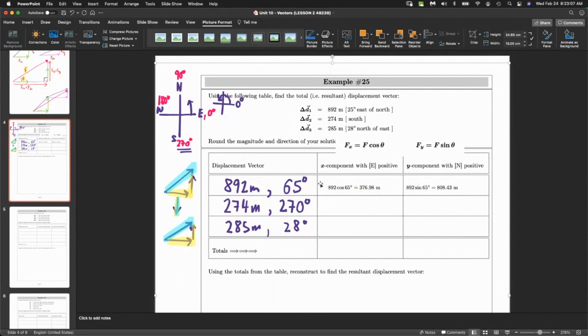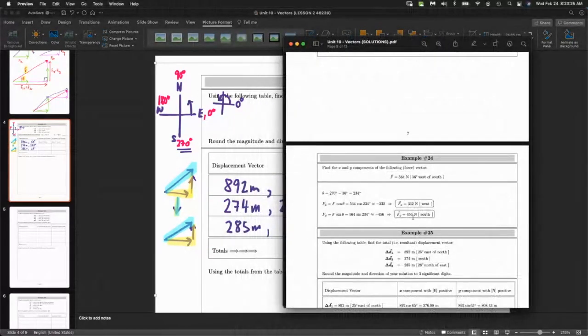So what I did in this box here, and the second box, and these two boxes here, this represents an example like last week. So what we're doing here is exactly what we did last week. And I'm going to show you my solution file quickly to remind you about what we did last week. Remember last week we took a vector like that, and then we would do the angle in standard position, and then we found the x and the y components.